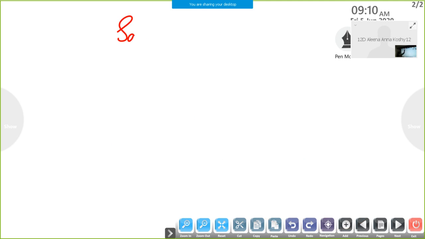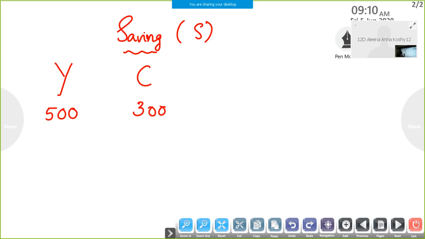Saving. Saving is a part of income. We can use the letter S. It has three situations. Usually we can see why. Suppose income is 500. From here consumption is 300. What is saving? What is the formula for saving? Y minus C. So Y minus C, 500 minus 300.